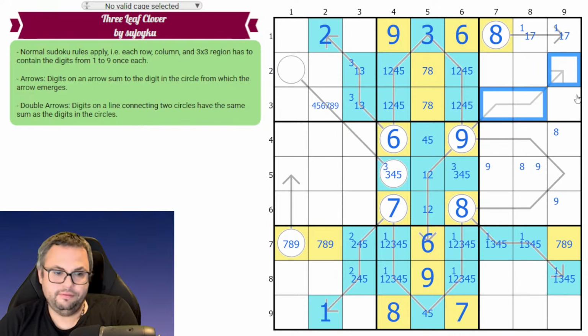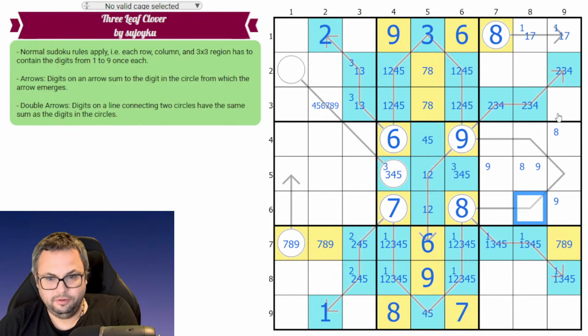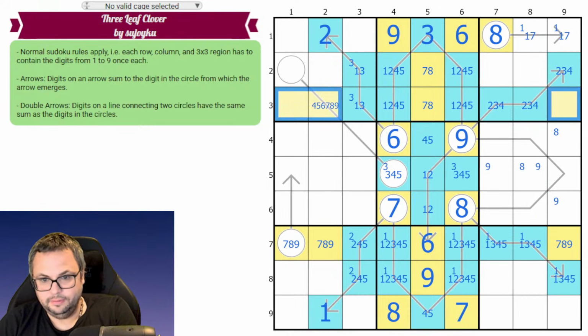This is now 2, 3, 4. In order to make the world happy, which means that all of these are yellow. These are 6, 7, 8, 9.